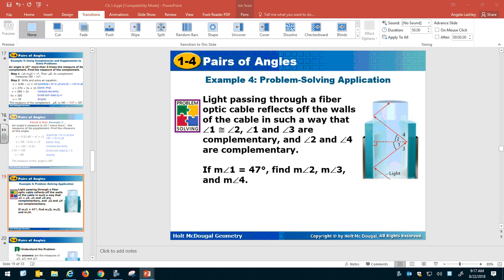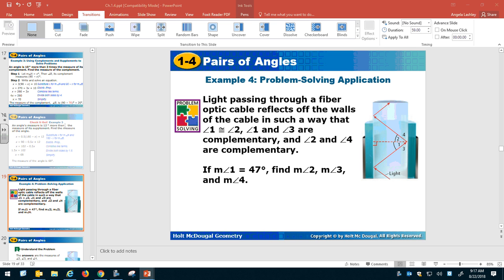Remind you that you have to put that little m in front when you're giving the measure of the angle. You're not naming it, you're telling me its measure. All right, how am I going to find angles 3 and 4? Exactly. 90 minus 47. What is 90 minus 47? 43. 43 degrees. So that means angle 3 should be 43 degrees.